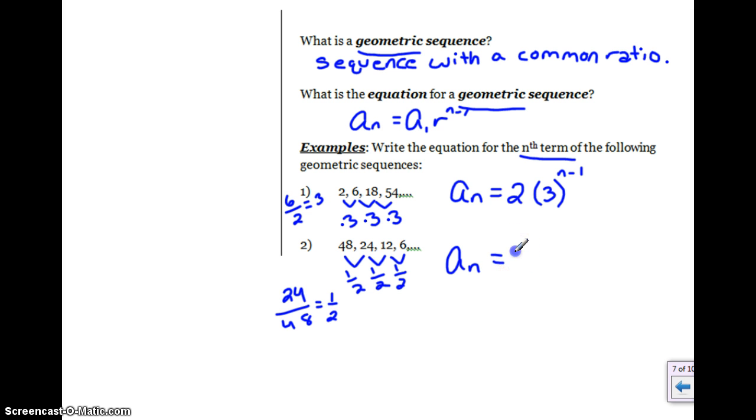I still have to use my first number, a sub 1, which is 48. I multiply by my ratio, which is 1/2. Remember, all this is coming from the formula. And then I raise it to the n minus 1. N minus 1 is dependent on what n you choose. And there's my formula. We are going to do several examples of these in class tomorrow.